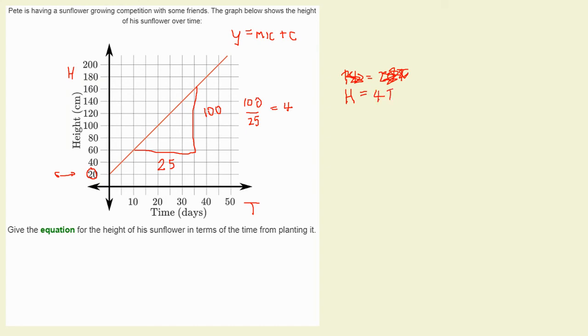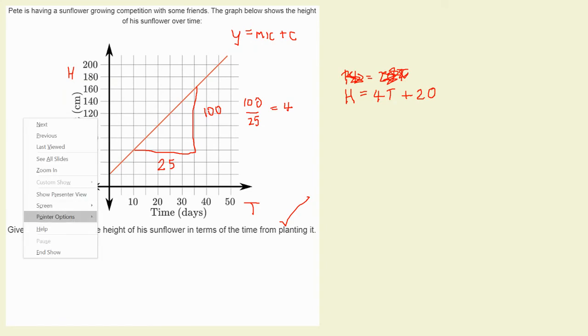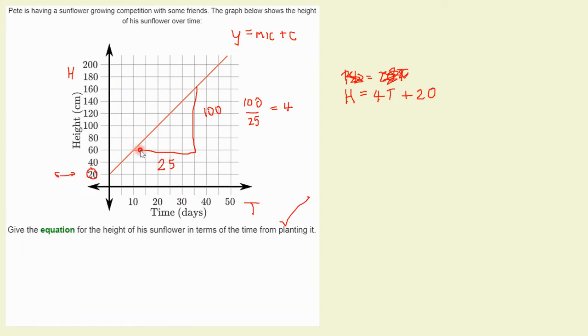H is 4 times t. Y equals the gradient times x plus the intercept. It was the intercept that was 20, wasn't it? That is my equation, and we're done. We got the intercept, read it off, and we got the gradient by looking at the run here and the rise here. Okay, that's the first part.